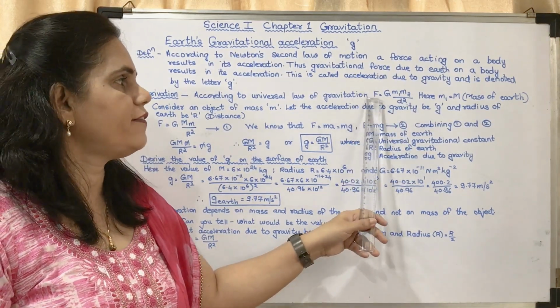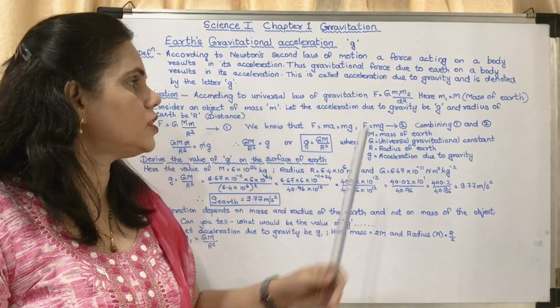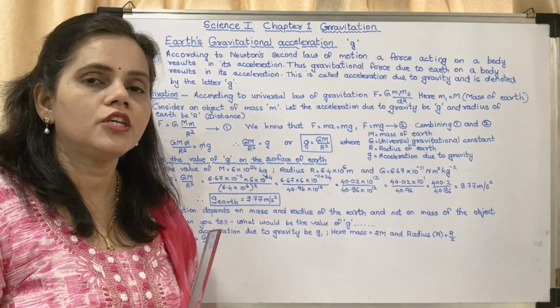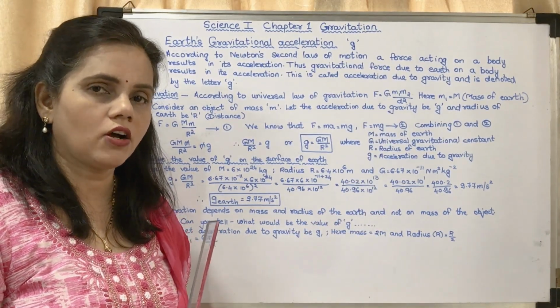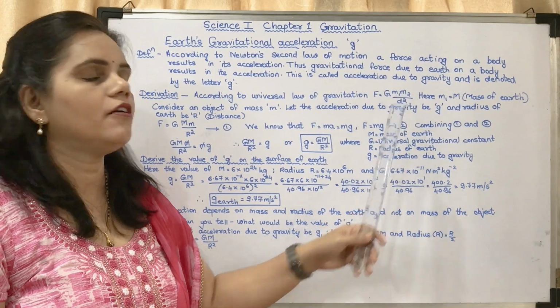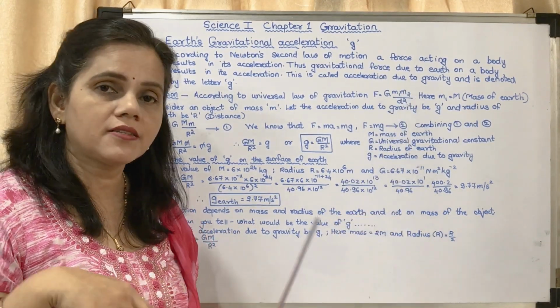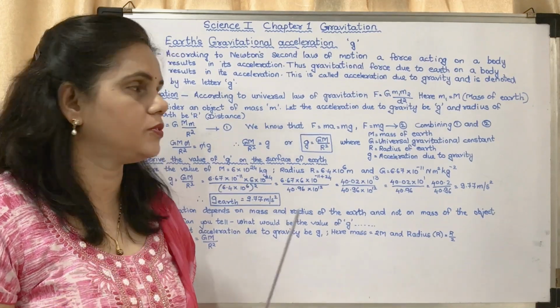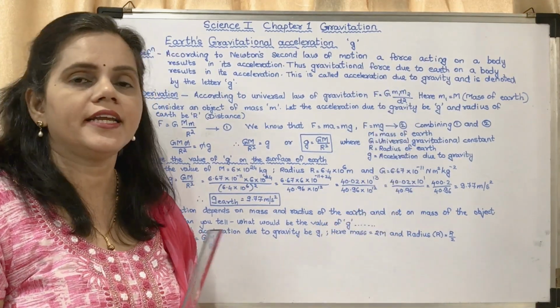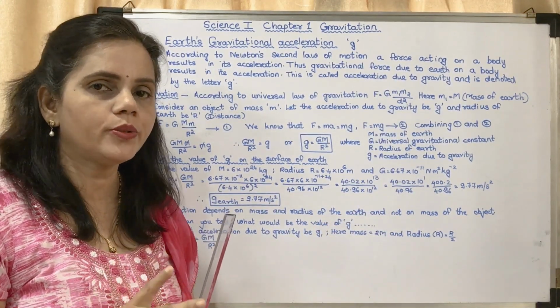where F stands for gravitational force, G stands for the universal gravitational constant, m1 is the mass of one object, m2 is the mass of another object. There are two objects. D is the distance between the two objects.